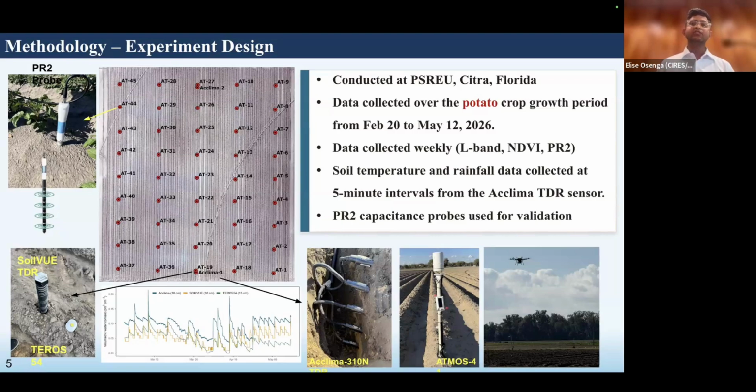We collected this data over the potato growth period from Feb 20 to May 12. Each data point was collected at a 5-meter interval, but the flights were conducted weekly.